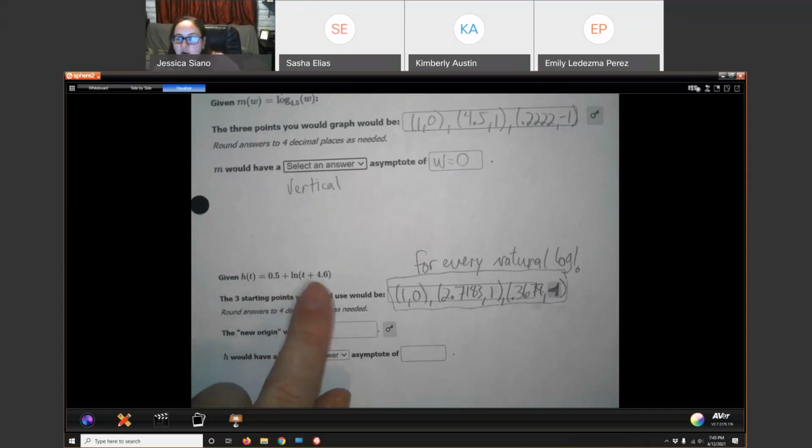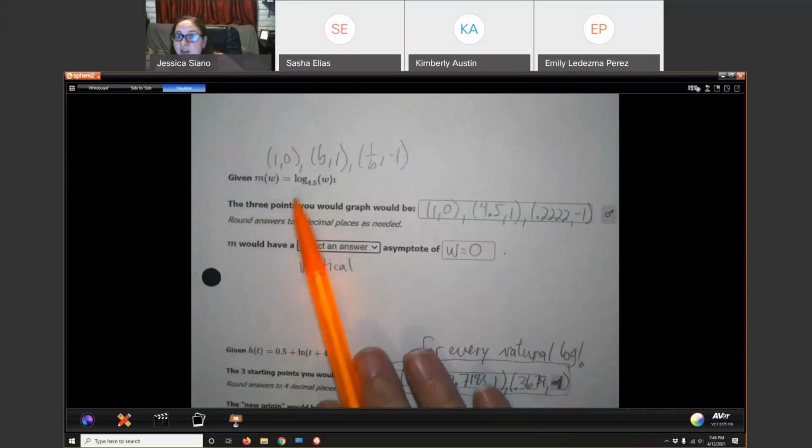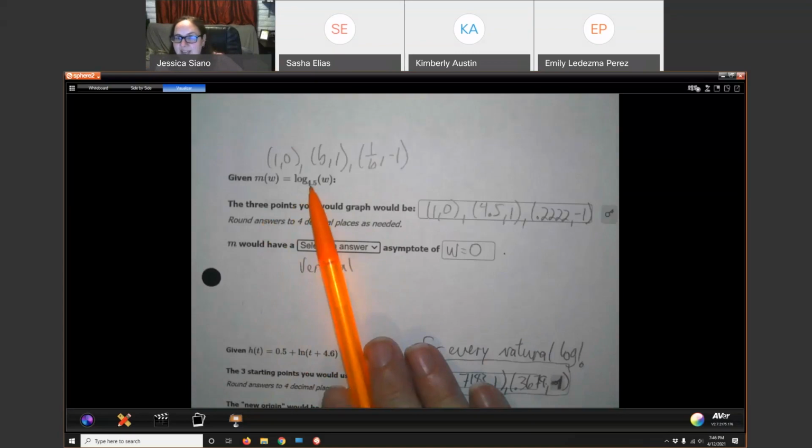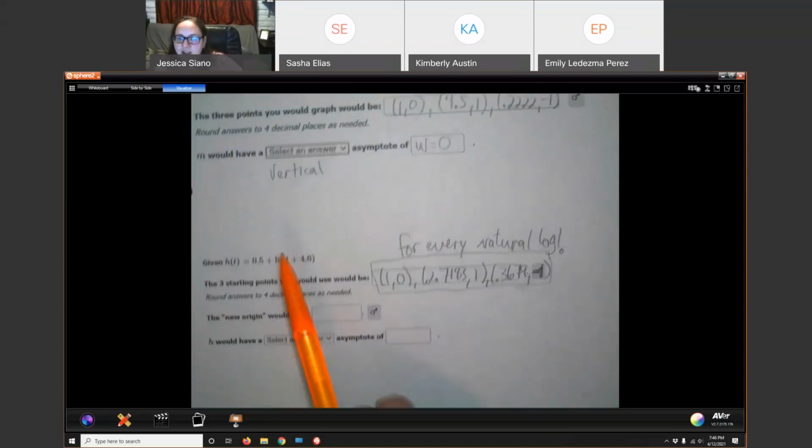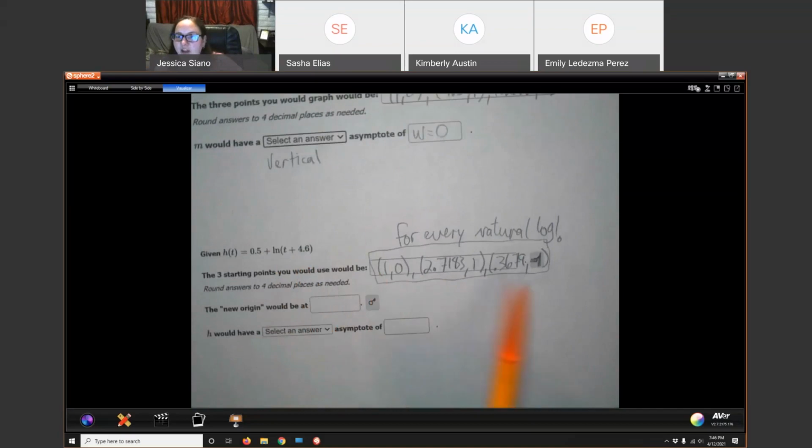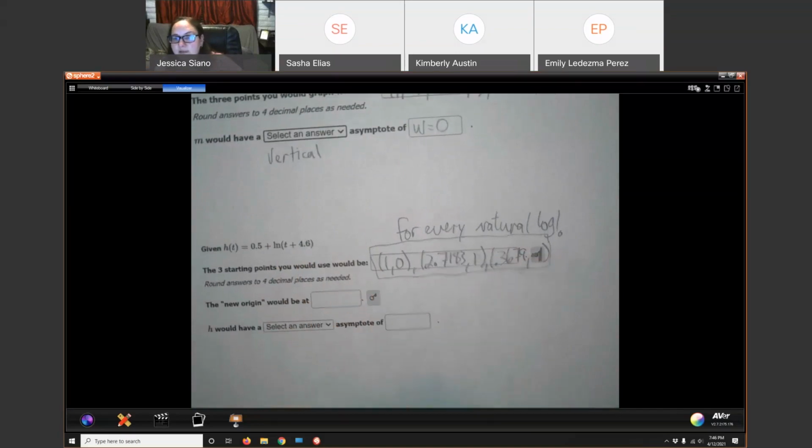It doesn't matter what your shifts are, horizontal, vertical. If you have an ln, these are the 3 points they want every time. Okay, now if they give you any other log, then you need to use that base value that they give you. But since every natural log has a base of e, then every natural log is going to start with these same 3 points.